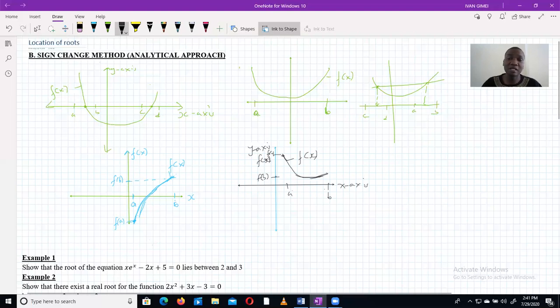So that also shows us that if the sign of the function doesn't change, then the root does not exist in that interval. In that interval there is no real root of the function.